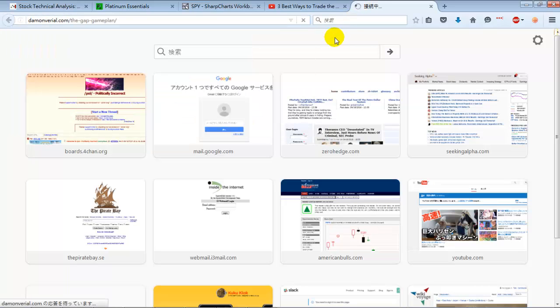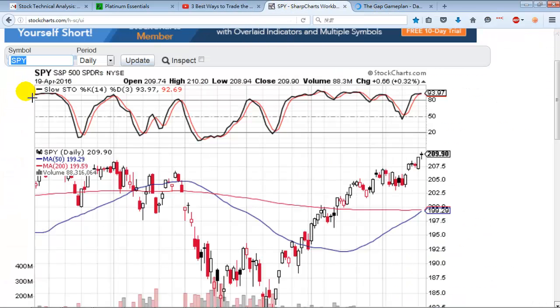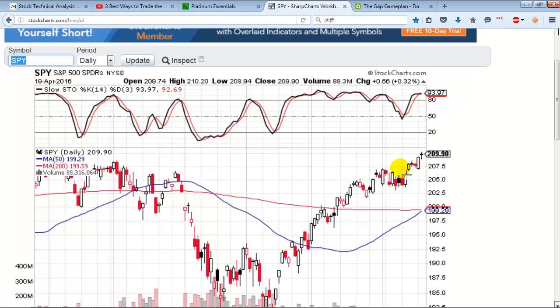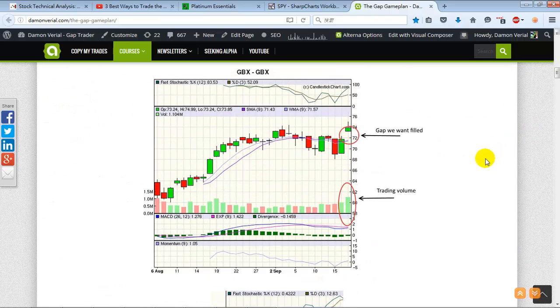So if you ever want to learn how to gap trade, just Google the gap game plan and you'll find my website, and I'll teach you how to trade these gaps. But again, for options on this, you're going to want to go with a call spread or a put spread and put the sold one at that price target, which is for a gap trading system like this. I'll show you an example.